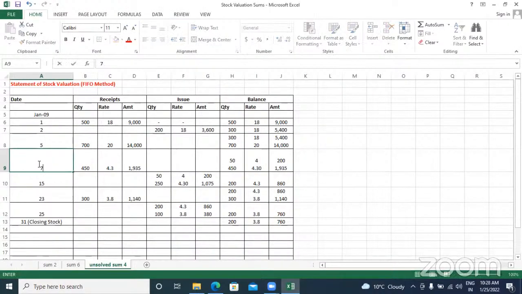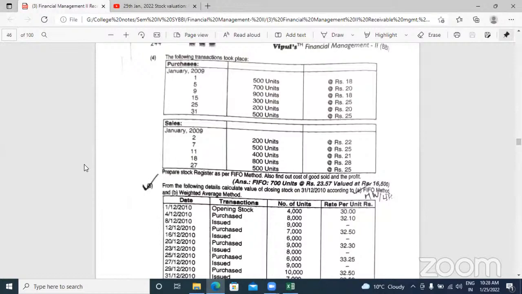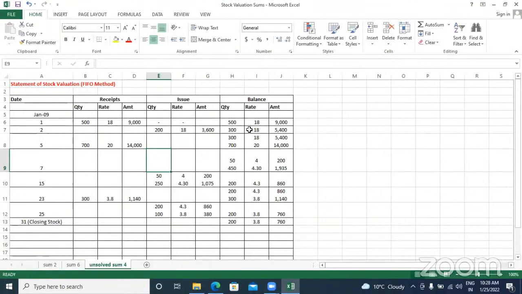So here I will write 7th. Purchases will be nil, and come to the issue column. Receipts or purchase means the same. Issue and sales mean the same, one and the same thing. So tell me how many units are to be issued? 500, ma'am. Very good.